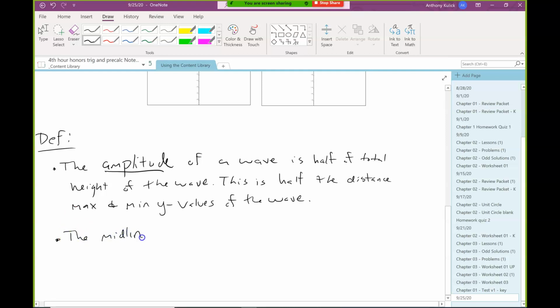The midline of a wave is the average value of the wave.